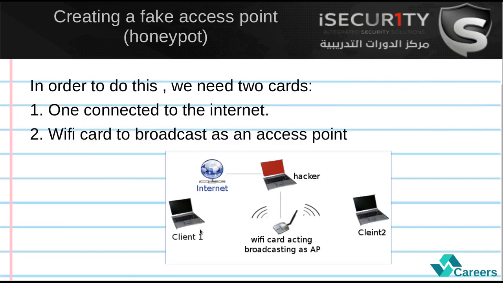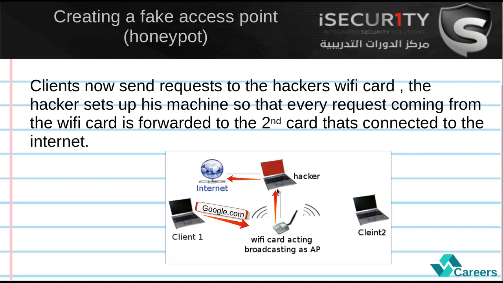Let's do this again. So we have two cards, one of them connected to the internet. Let's say it's a wired card, that's what I'm going to use in my example. And the second one is a Wi-Fi card that's going to act as the access point, and it's going to broadcast the signal. So devices are going to connect to the Wi-Fi card.